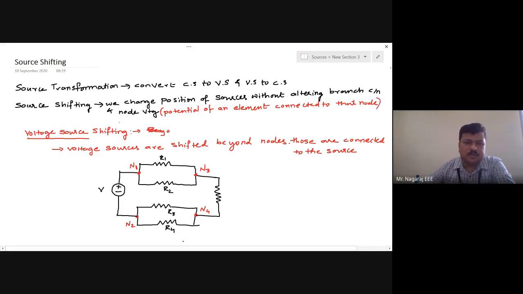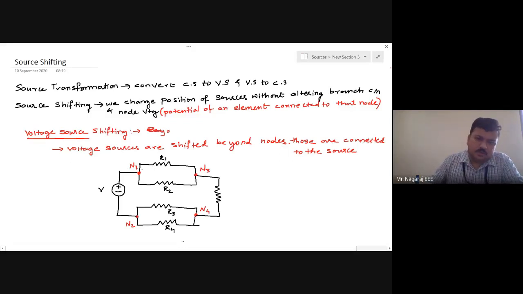I am not interested in node voltage exactly, but in the potential of the element to which that node is connected. Now observe, this is my original circuit. R1 is connected to N1, R2 is connected to N1, R3 is connected to N2, R4 is connected to N2. We will not worry about the other connections at the other ends.